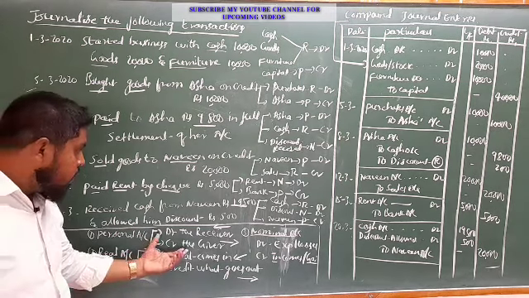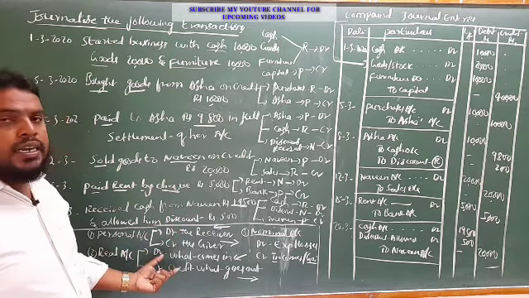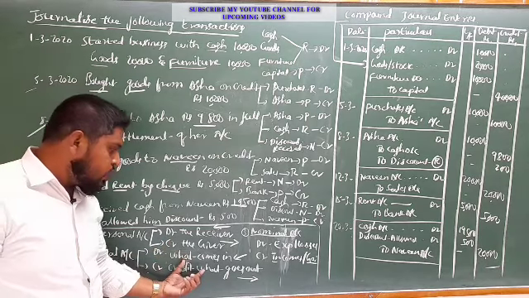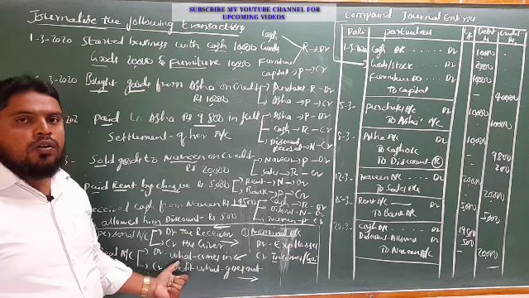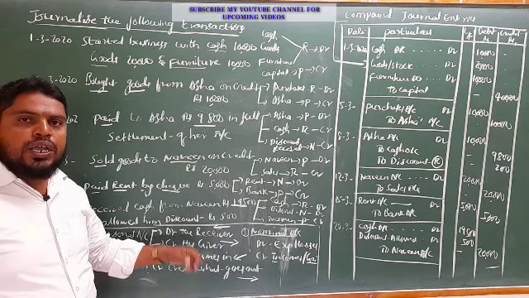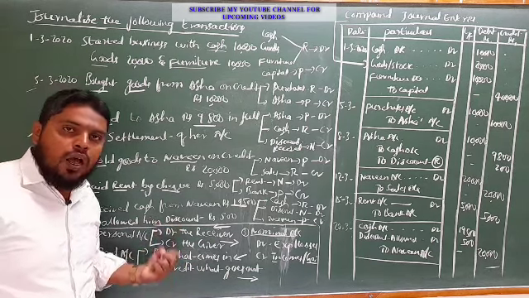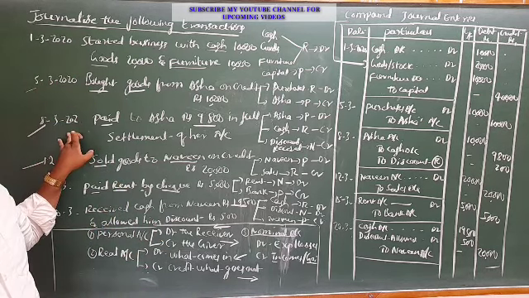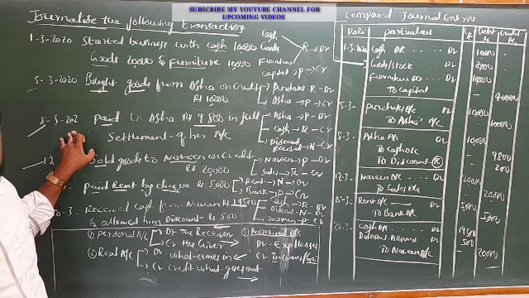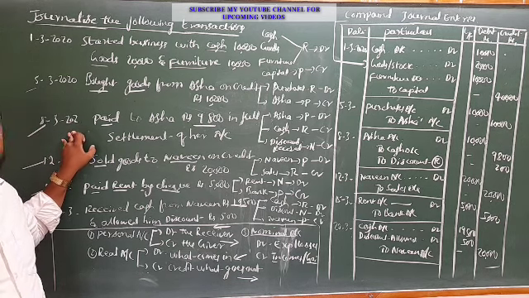First of all, before passing the entries, you should know the classification of accounts under the English system of accounting, that is personal account, real account and nominal account. Then you have to analyze the transaction, that is what type of transaction it is, whether it is a cash transaction or credit transaction.